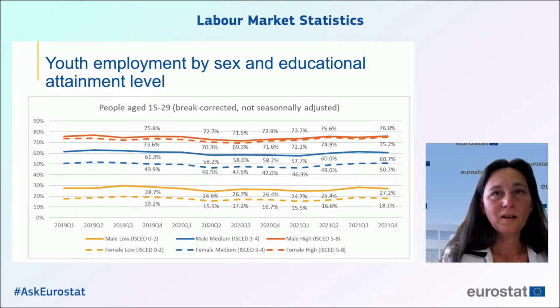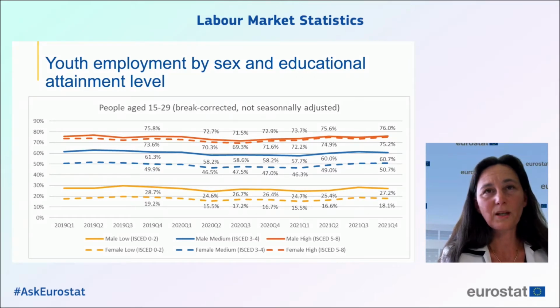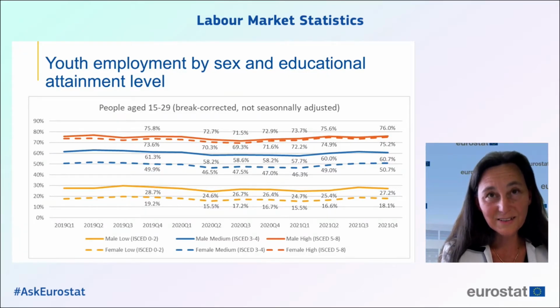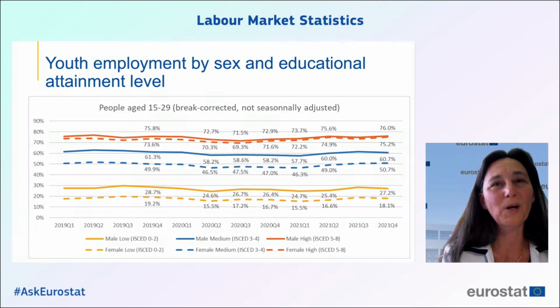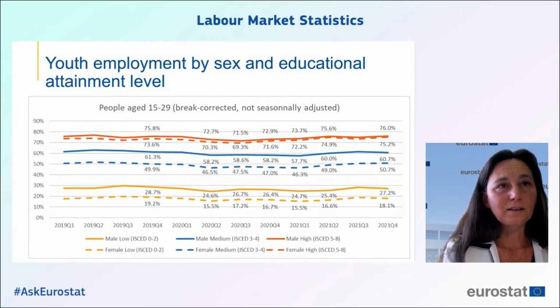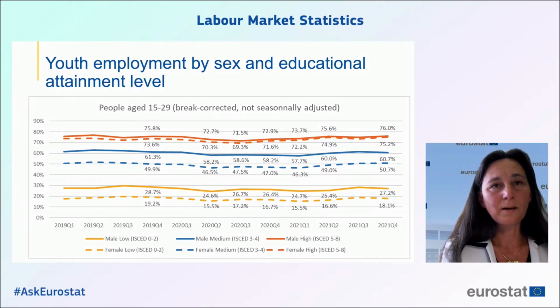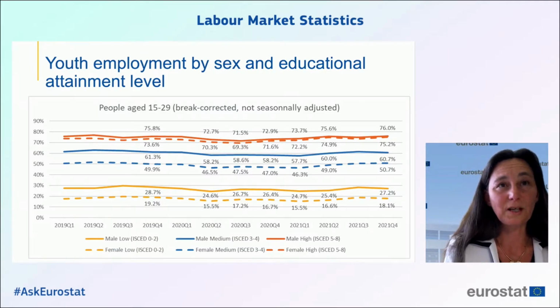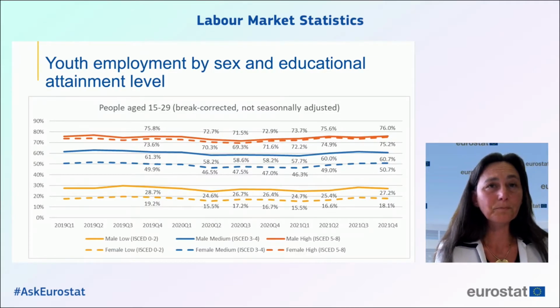There they totally recover the employment level pre-COVID, because now we have 76% of young people who are employed with a high education, while the pre-COVID was a bit similar for the male, but for the female, we have even an increase. So female with high education have more chance now to be employed than it was in the pre-COVID situation.